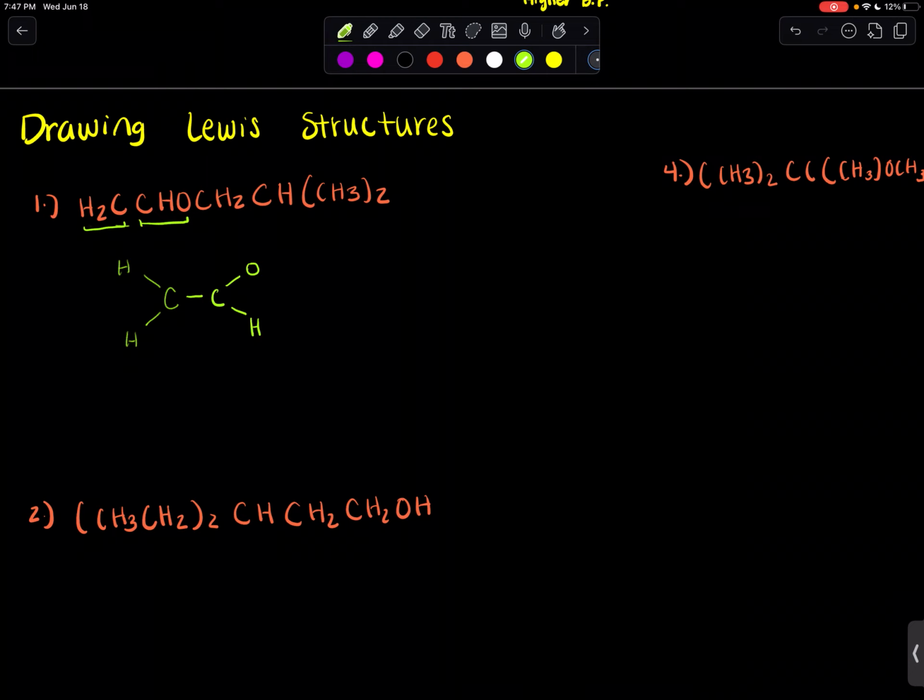What do we have? We have another carbon. So we're going to have another carbon, and it is attached to two H's. And then I think, okay, so I can put the H here, or I can put the H here.